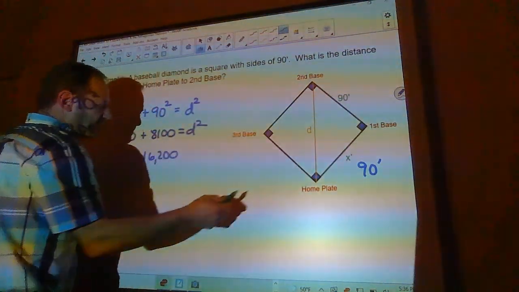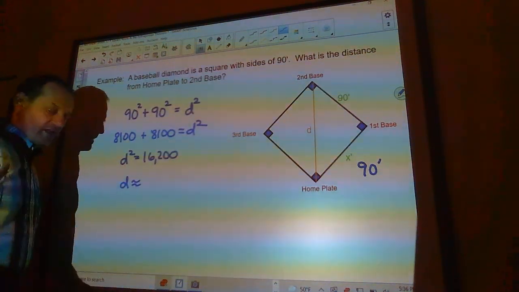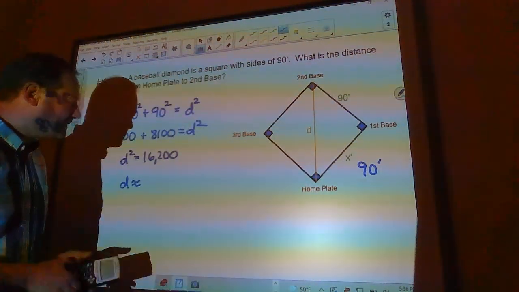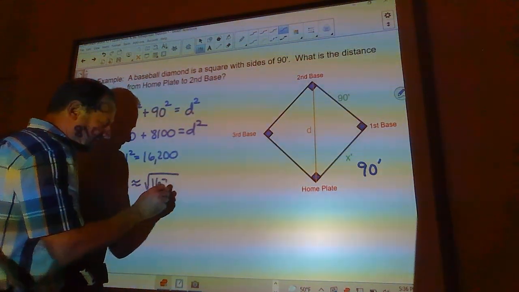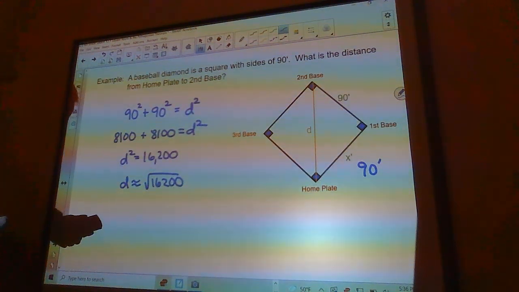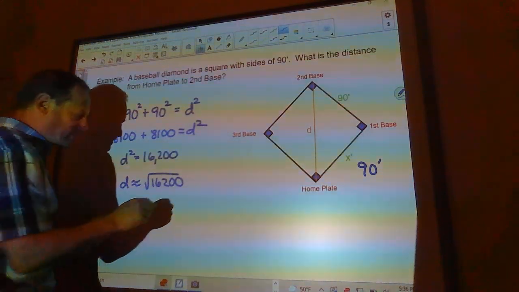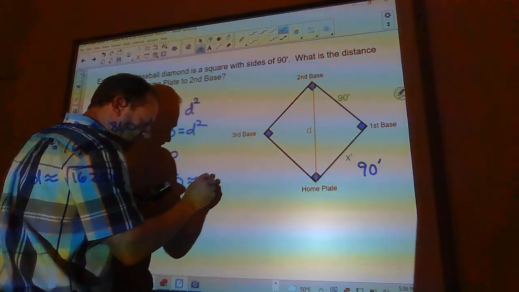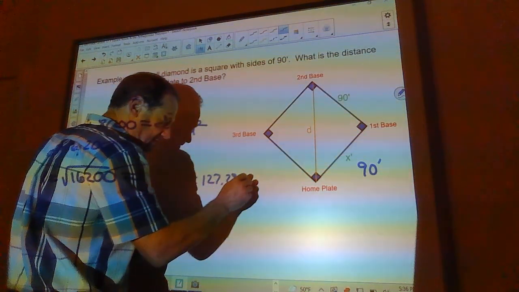I really want to know the distance. I'm going to go for the approximate answer because it's going to make more sense to people. So I'm going to square root 16,200, which comes out to be approximately 127.28 feet.